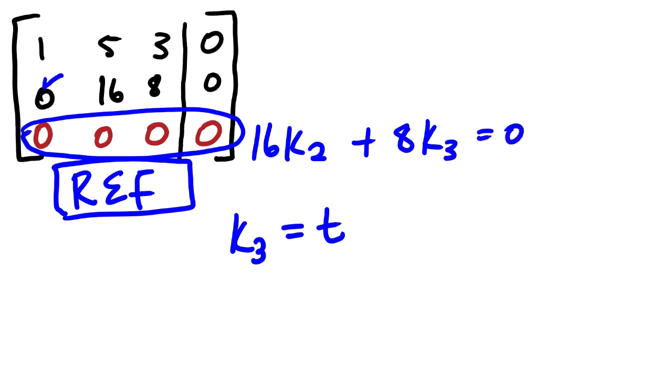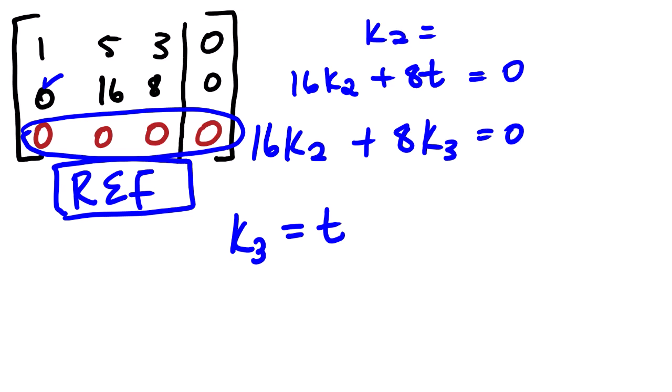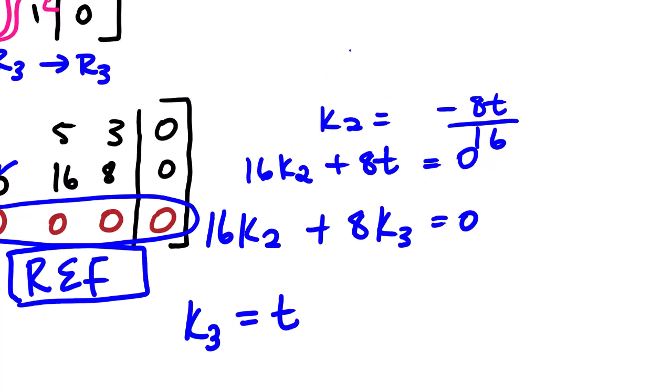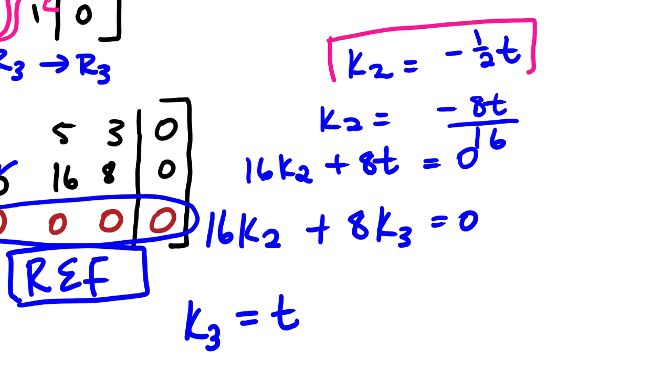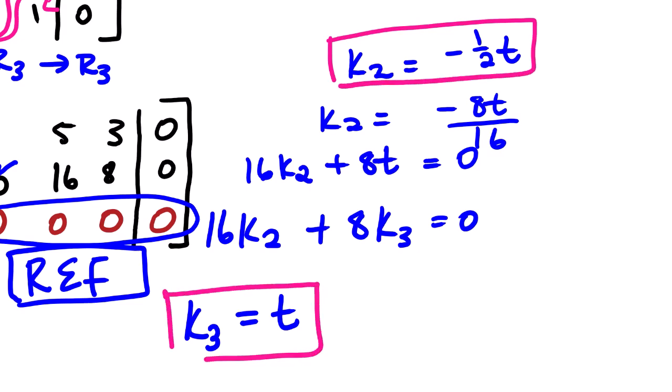From row 2, 16 k2 plus 8t equals 0. Solving for k2, we have k2 equals negative 8t divided by 16. Basically this equals negative 1 over 2 t. So this is the value of k2. This will be the value of k3.